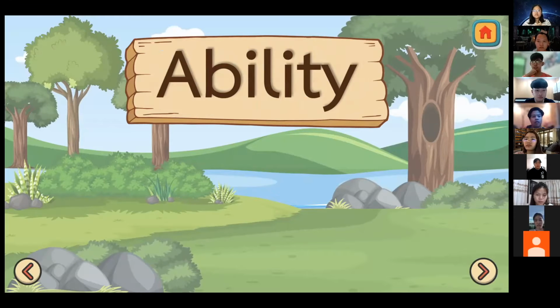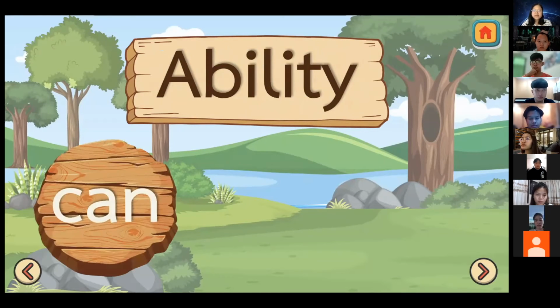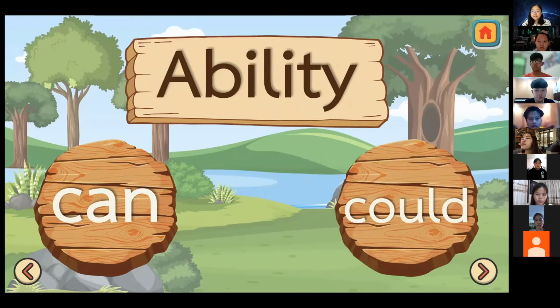You can use these words. The first one is can, and the second is could. Can is used for the present, and could is usually used for your ability in the past.